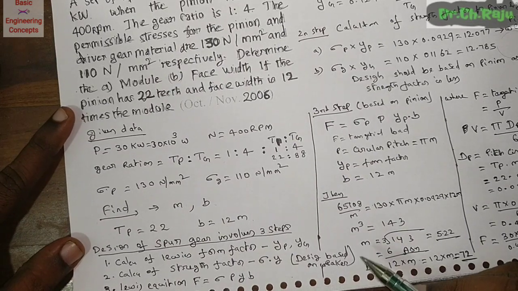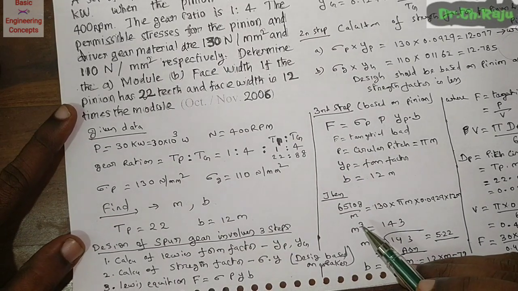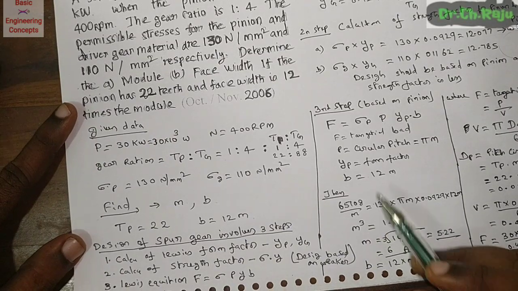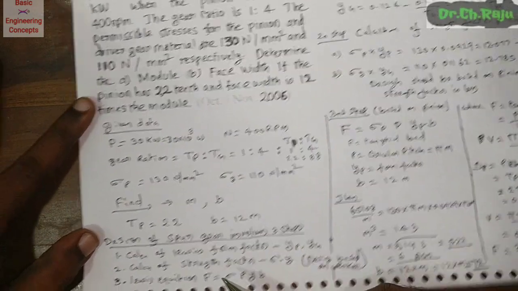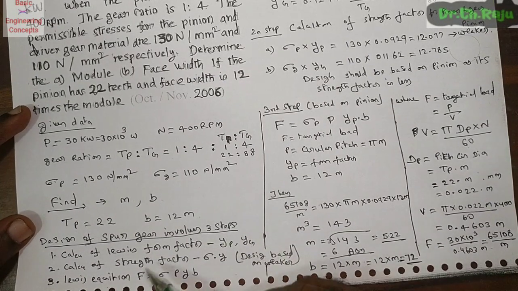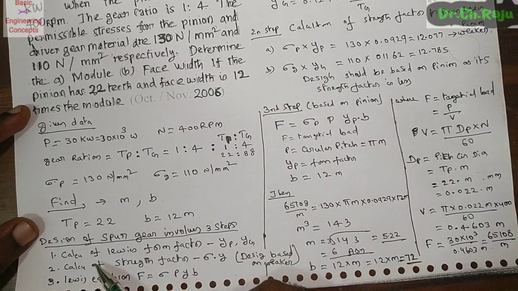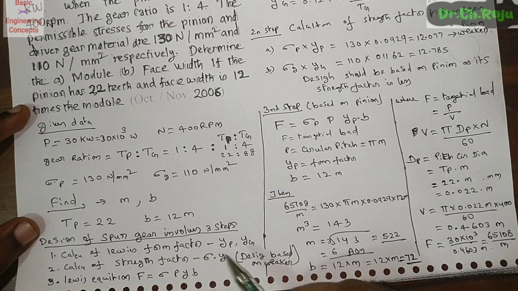You must remember those. During the design of gears there are some basic steps involved. The first step is calculation of Lewis form factor, that is YP and YZ for both pinion and gear.